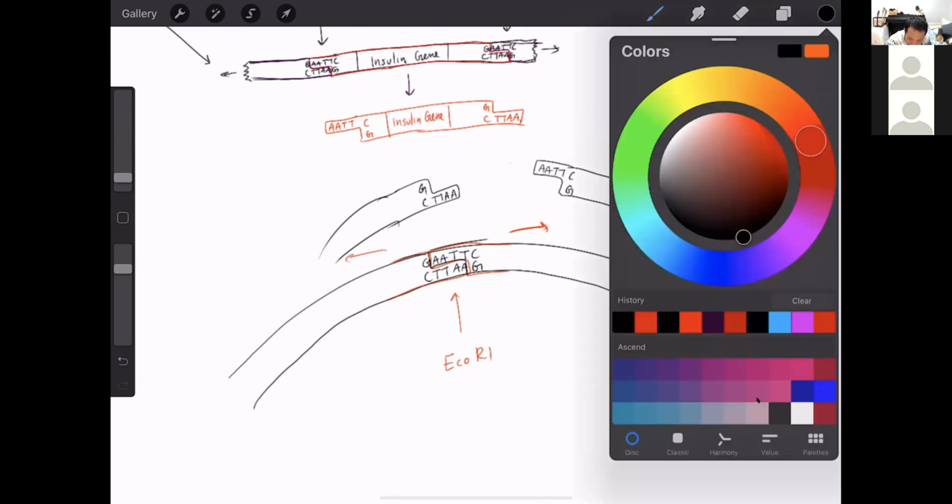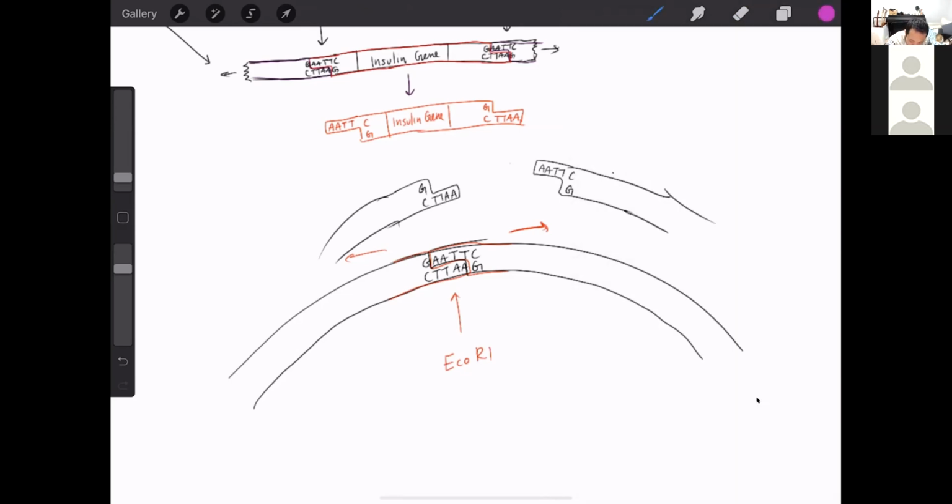Now, here's what's really cool. If you take a look at what we have, this portion right here fits perfectly in right there, doesn't it? With TTAA, that's it. And this portion right here fits perfectly right there with AATT. And then if I were to do this, you can see that here will be the insulin gene right there.